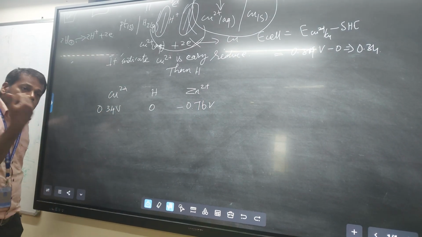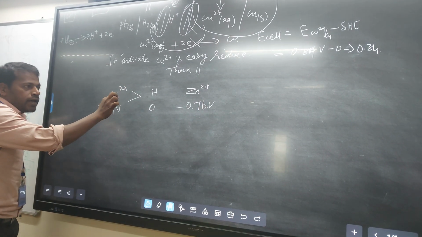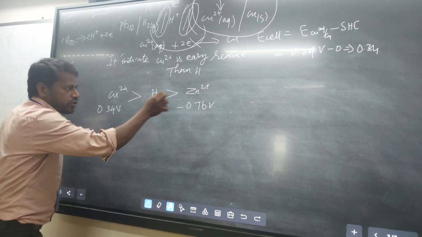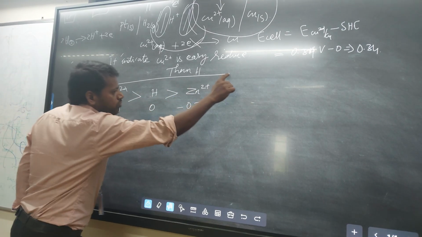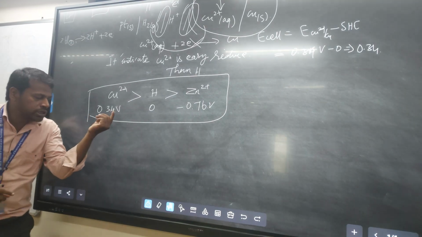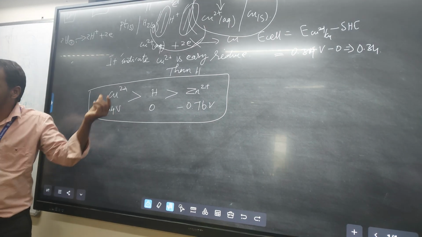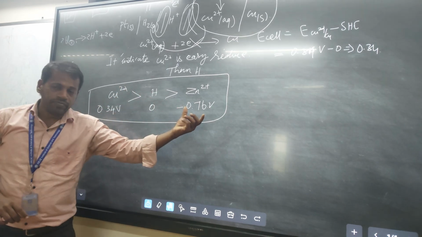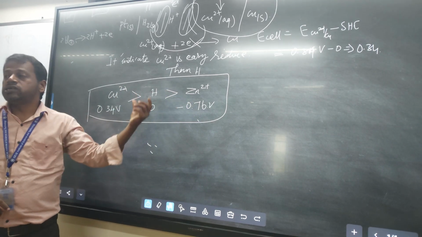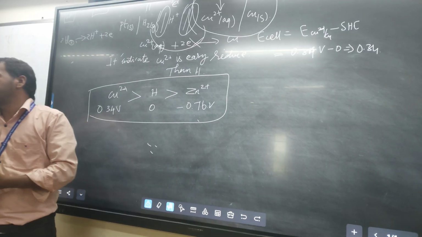So which one is easy to reduce? Copper. Then hydrogen. So from that reduction potential value, you understood positive means easy to reduce than the reference, hydrogen. Negative means hydrogen is easy to reduce than that negative potential metal.